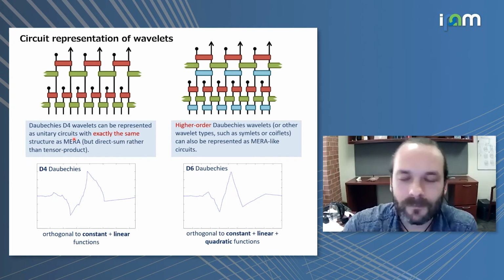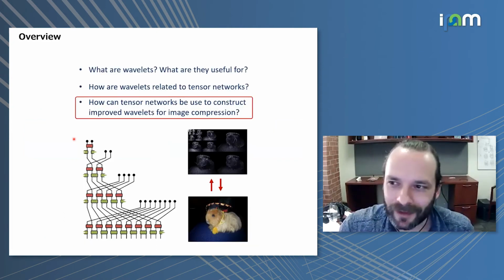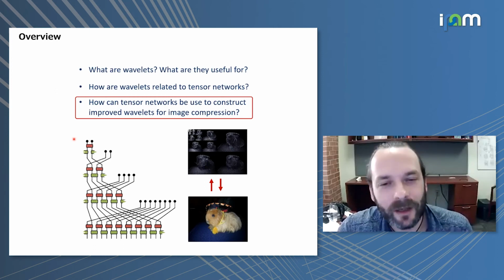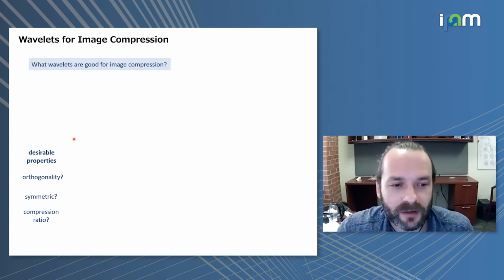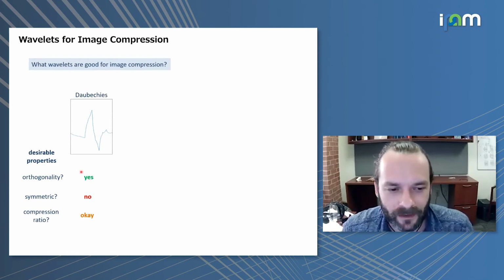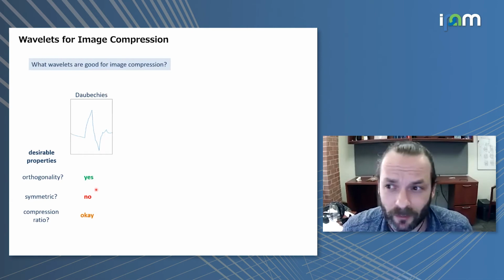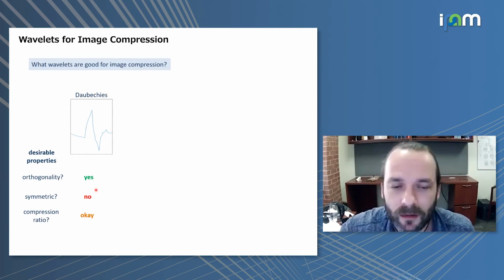Thank you. Okay, so how do we leverage our knowledge of tensor networks to do something that the wavelet community has not been able to do? Let's have a look. First we should ask the question, what wavelets are good for image compression? If I take these Daubechies wavelets, they form an orthogonal basis. However, they're not symmetric, and spatial symmetry turns out to be important for a lot of applications. In practice, these don't compress so well.